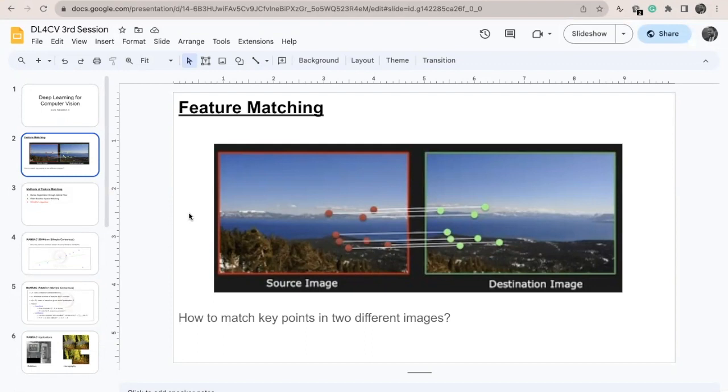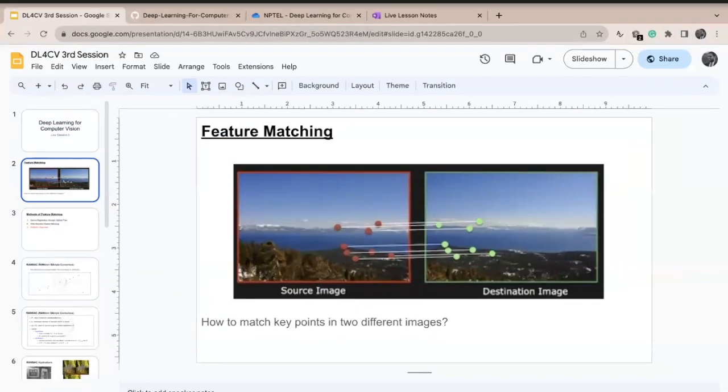Let's say we are trying to take a shot of a very large horizontal area, and what we do is we move the camera slowly along the horizontal axis, so that the camera could capture the entire thing and give us an image.